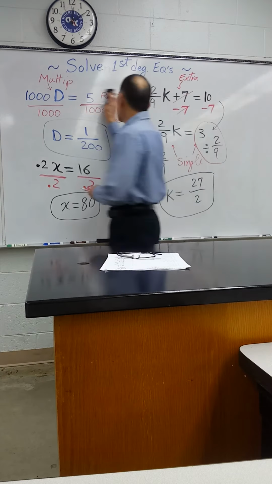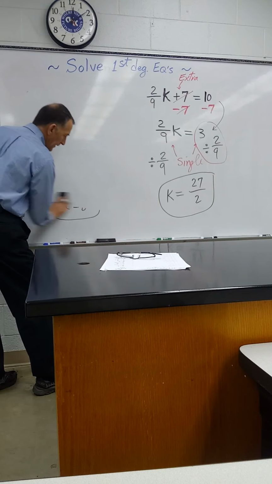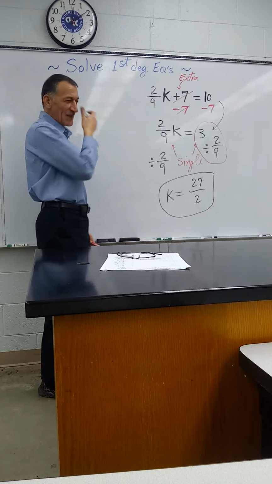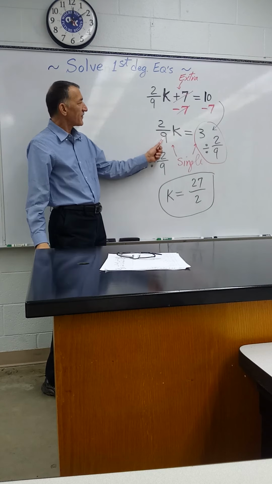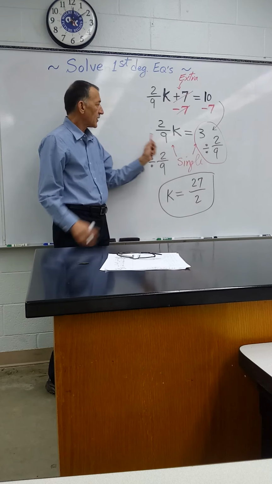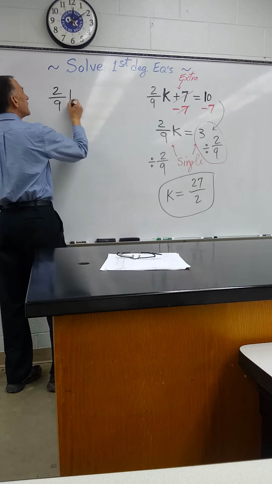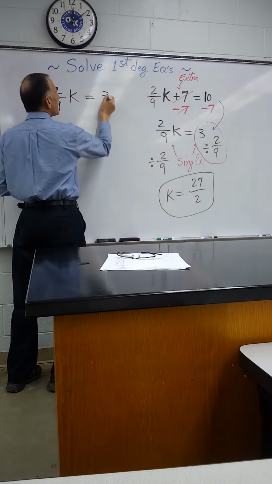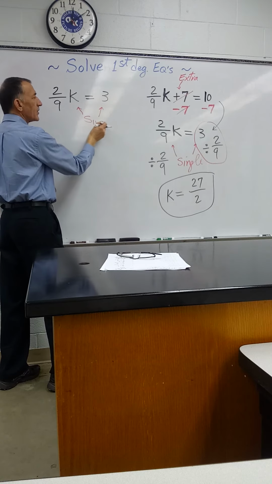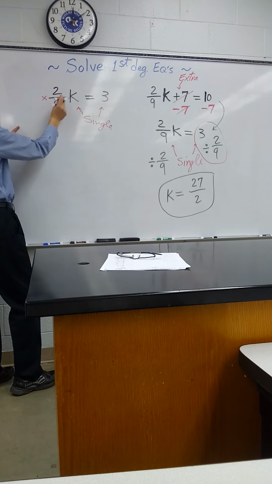Now, let me show you another trick. This trick is very valuable, and I'm not going to charge you for that, so I give you free advice. If you have a fraction that is attached to an unknown equal to another number, I'll show you the trick. If you have 2/9 k equal to 3, and both sides are single terms, you can multiply by the reciprocal of the fraction.